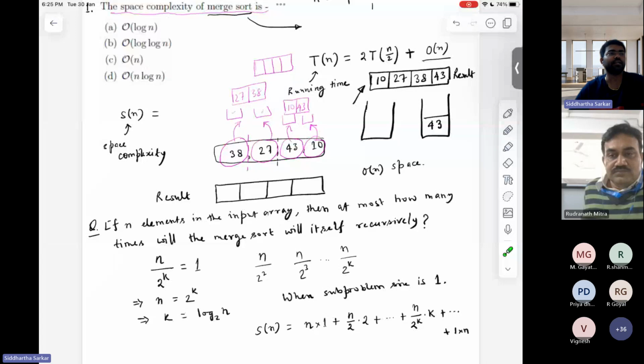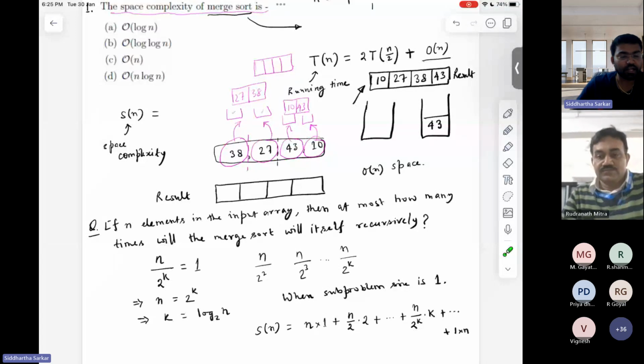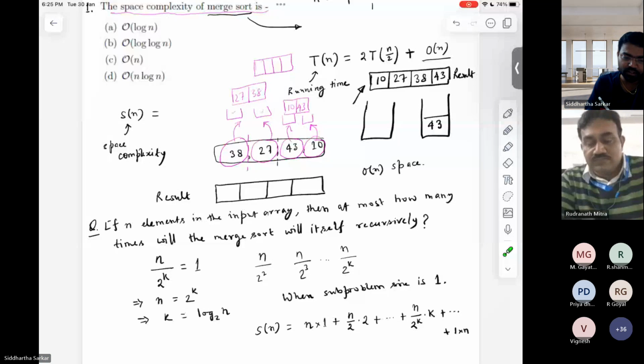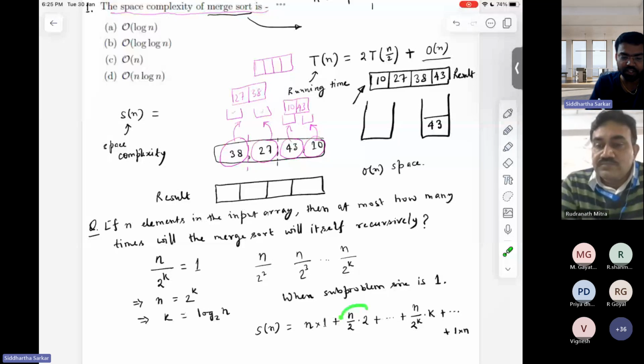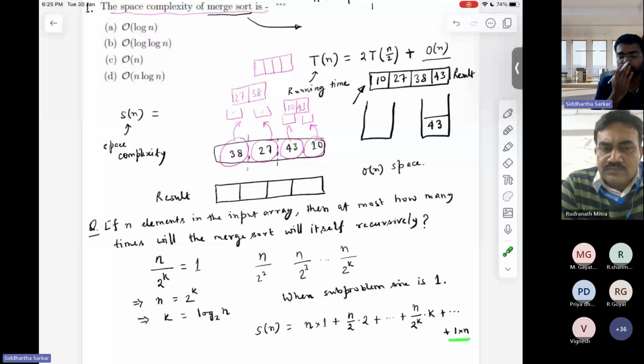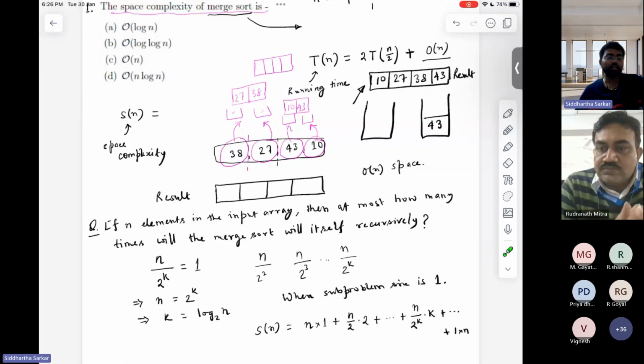If the implementation is naive and you do not reuse the same space, then the amount of space you will end up using would be this expression: there are n by 2 subproblems of size 2, n by 2 to the k subproblems of size 2 to the k, and so on, and one subproblem finally of size n, and for each subproblem, the additional space requirement is the size of the subproblem. But that is naive, and probably we will be able to see that this naive implementation can be improved by reusing the auxiliary space.